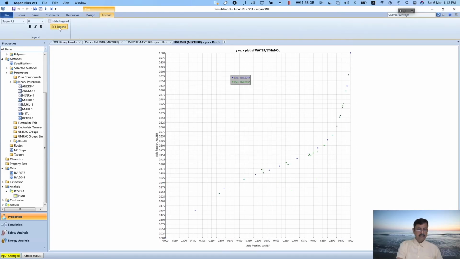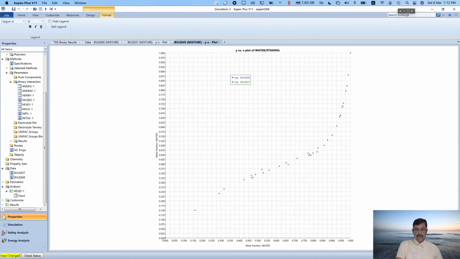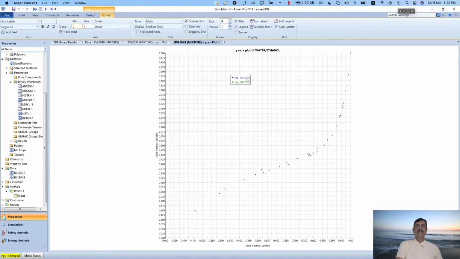So here we have the data for both experimental data sets, and all of them come within this line.